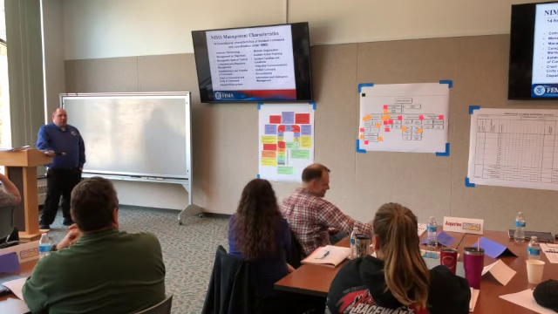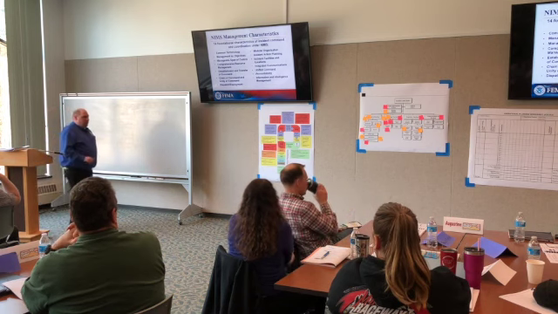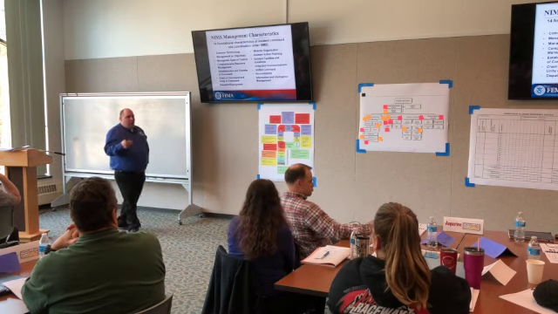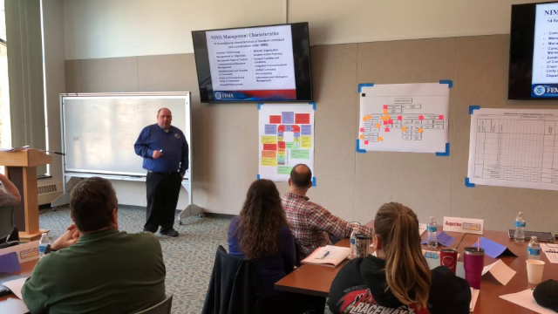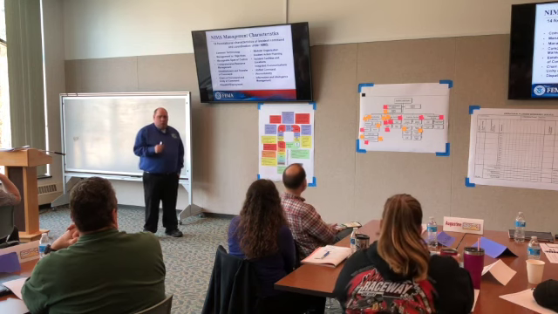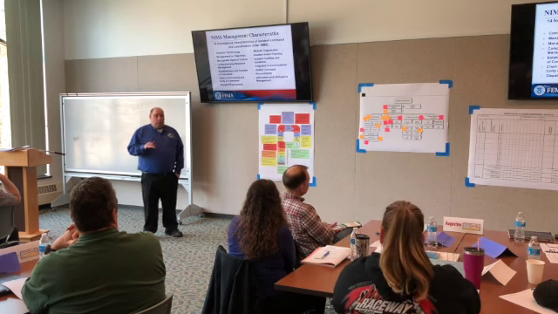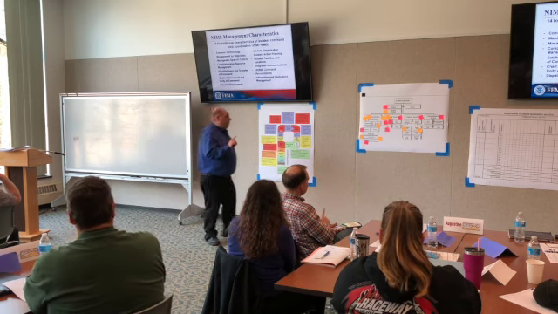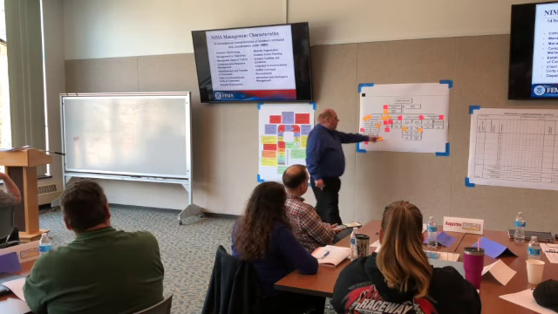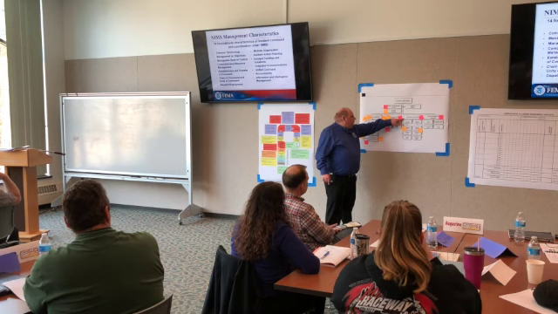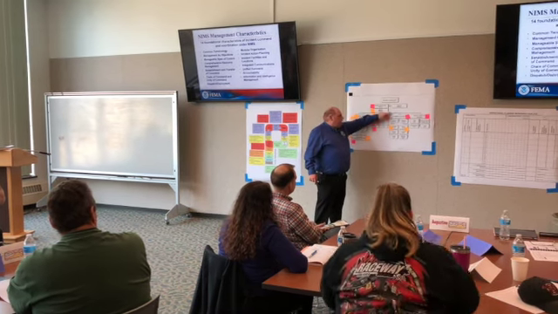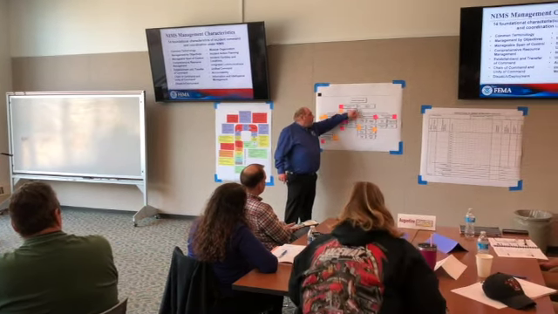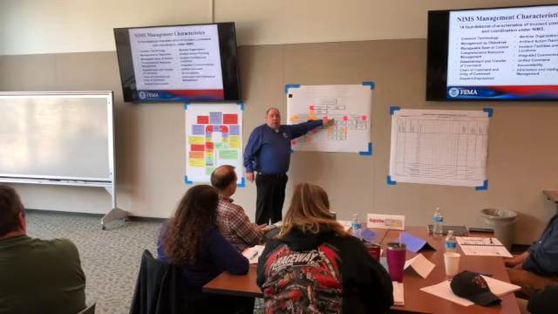Unity of command is basically a very fancy way of saying you have one supervisor that directs you. Who would like that to be in their real job, where you only have one person telling you what to do, right? So the logistics section chief works for the incident commander. That's unity of command. Only the incident commander tells this person what to do.